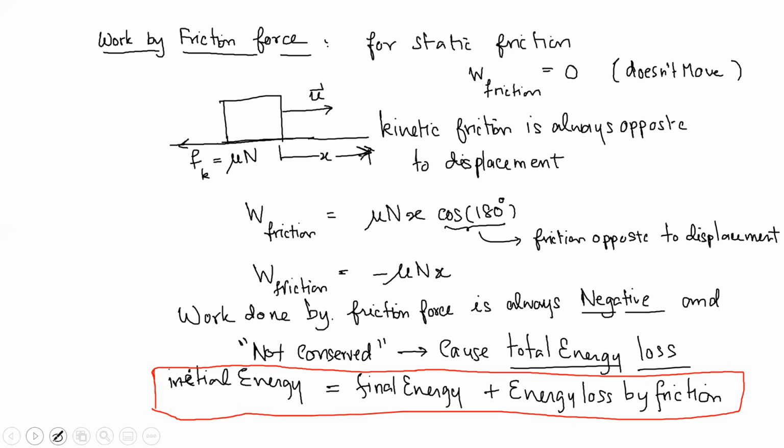In that case, you cannot have a conservative force out of the friction force. So the friction force is considered to be a non-conservative force. When there is friction involved, the initial mechanical energy and the final mechanical energy will not be equal, because some energy is lost in between.